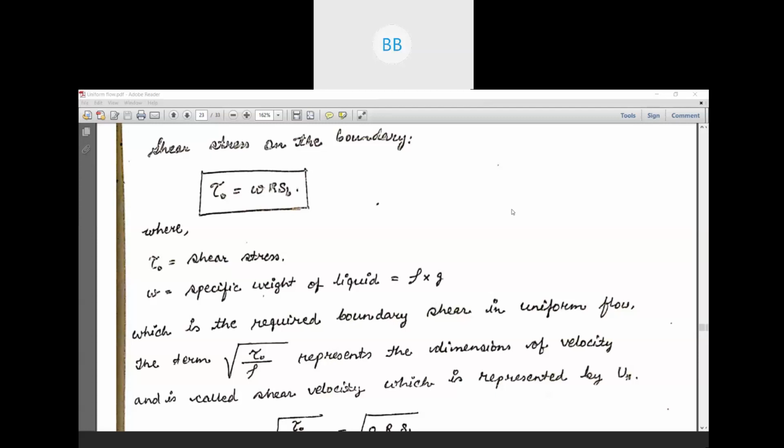So we are discussing the last topic of our first unit, that is shear stress on the boundary. The equation for shear stress is specific weight multiplied by hydraulic radius multiplied by bed slope.